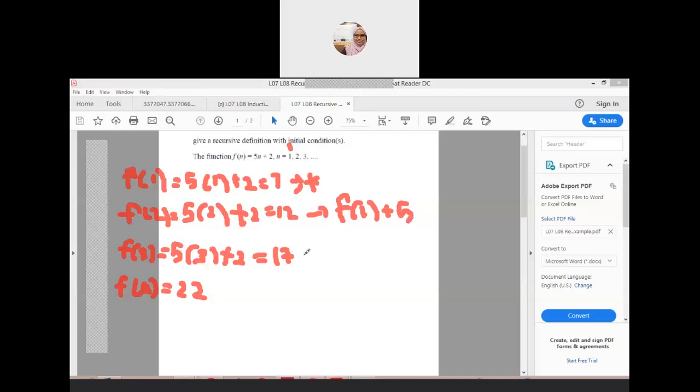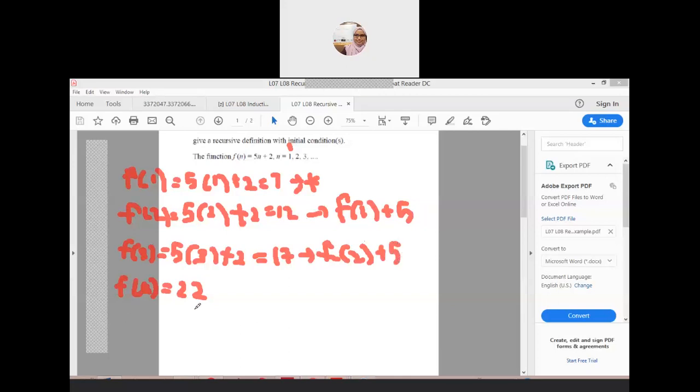Okay, and this will become, use the previous value, which is F2. F2 is referring to F2 here. Okay, so F2, how can we get 17, which is 17 minus 12 will become 5.